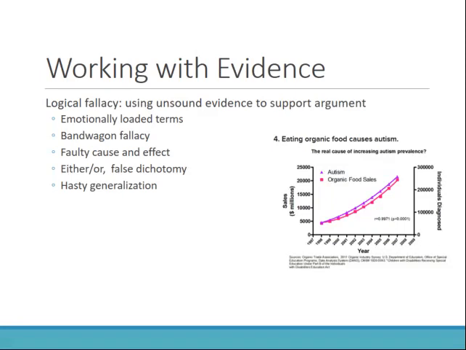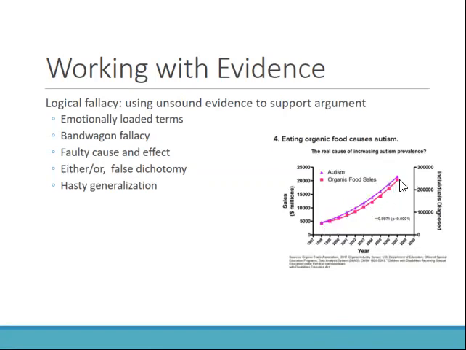We know that correlation doesn't lead to causation, and we don't have the evidence to support that. So for example, this graph here demonstrates that. Increases in organic food sales seem to be rising, this is based on the year, at the same rate as increases in rates of autism diagnoses.